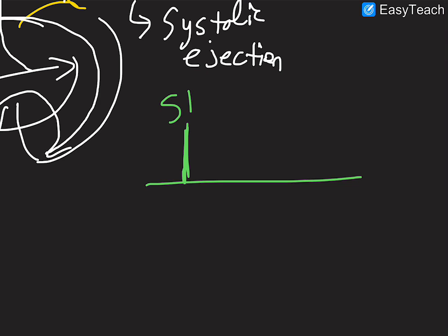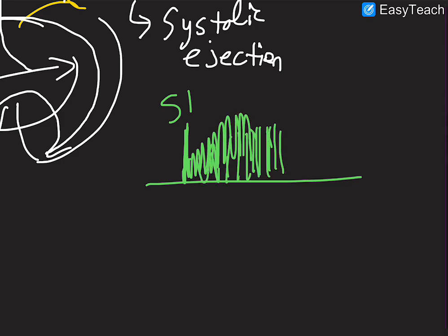That's your S1. But as the blood flows across that stenosed aortic valve, and we're talking about aortic stenosis here, you're going to have a crescendo murmur like this, and then you're going to have that S2, which is your aortic valve and pulmonic valve closing. So this is depicting aortic stenosis.